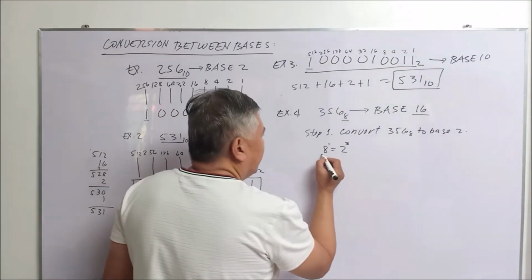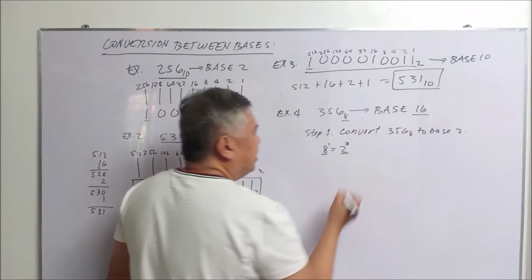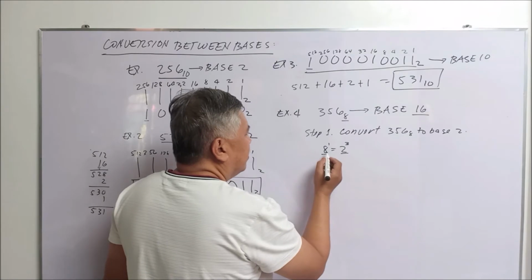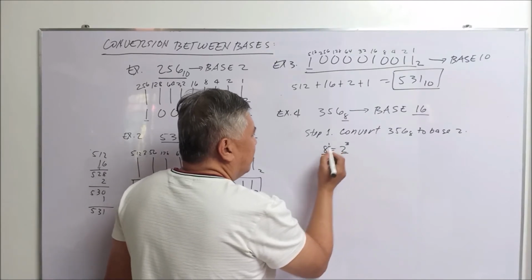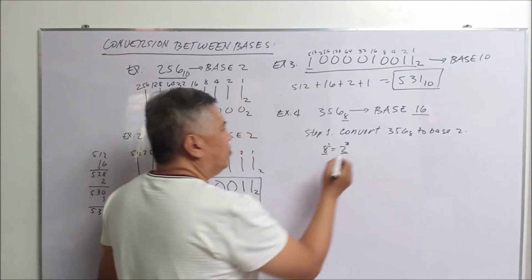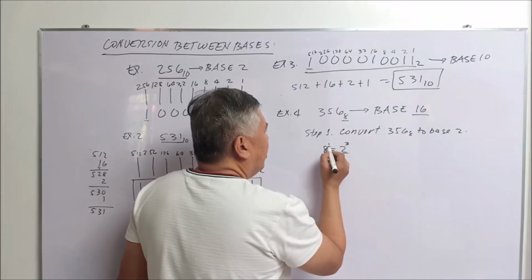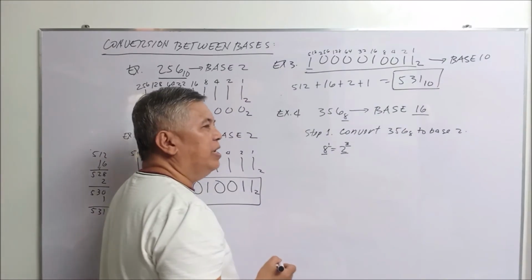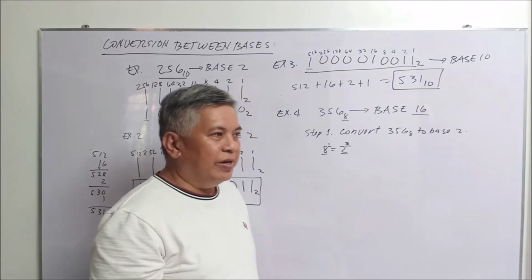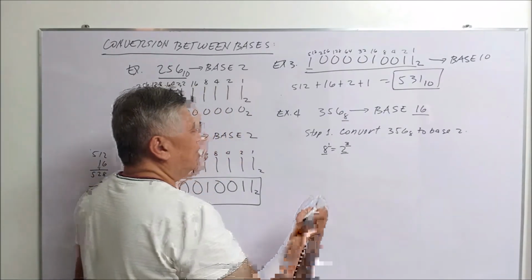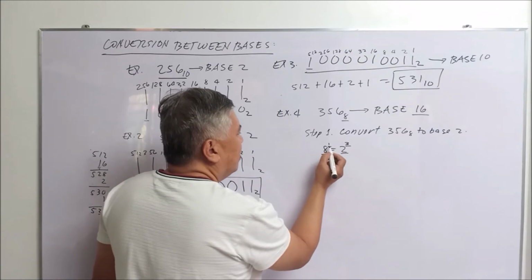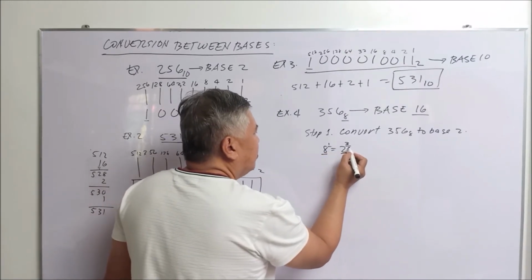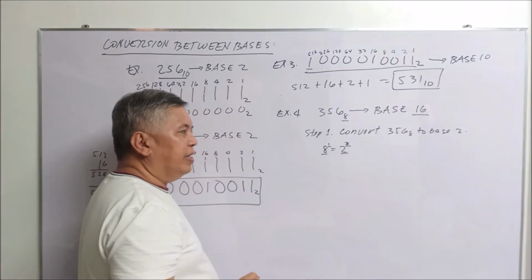This is octal, this is binary, no? Okay? So that means that one octal number, or 1 bit of octal number, is equivalent to 3 bits in binary number. Okay? So again, this means that one octal number or one bit of octal number is equivalent to 3 bits in binary number.